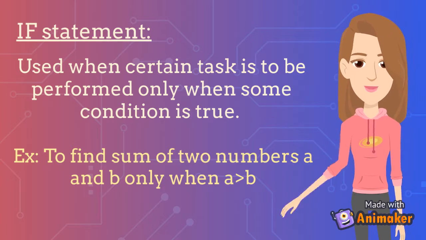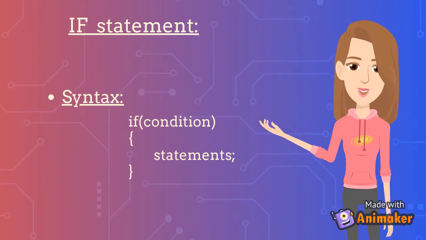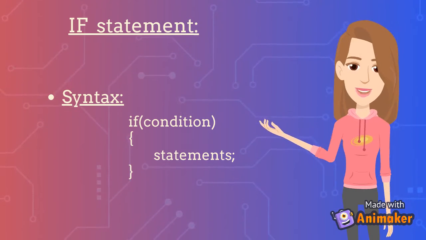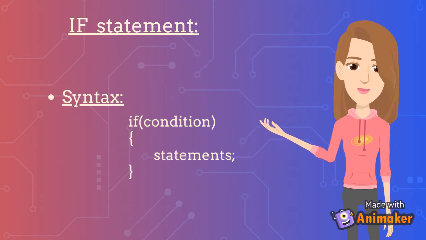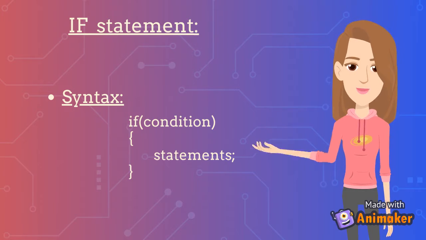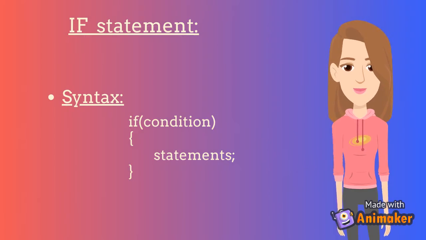This itself clearly explains how if statement works. Let us see the syntax of if statement. If, and the condition is given in circular bracket, and then curly bracket is open, the statements to be performed are written separated by semicolon, and curly bracket close.